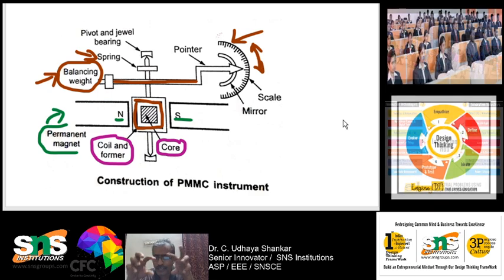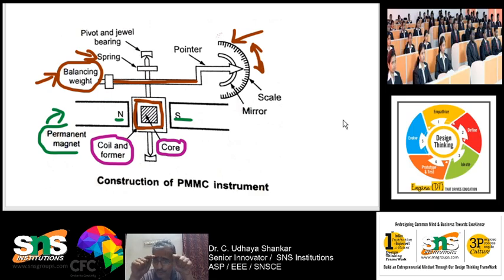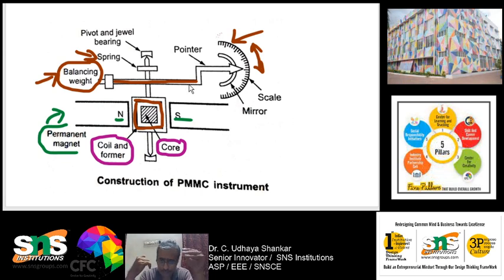You can see that the coil is placed inside a magnetic field, so it experiences a force, and this force will move the spindle. The pointer attached to the spindle will also move, causing a deflection, and that reading can be measured over the scale.